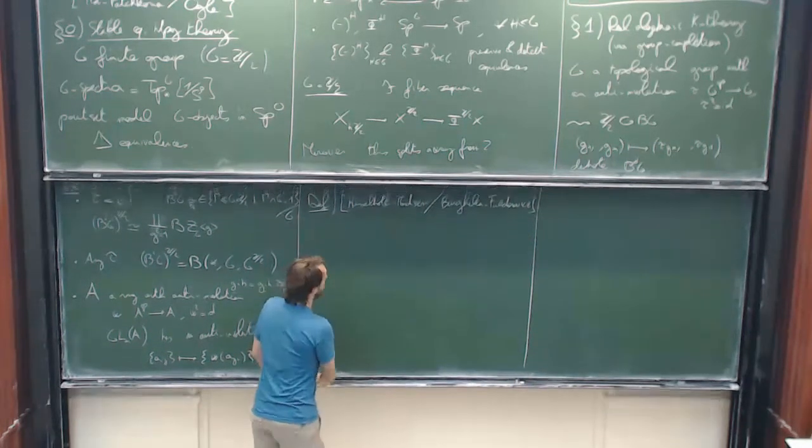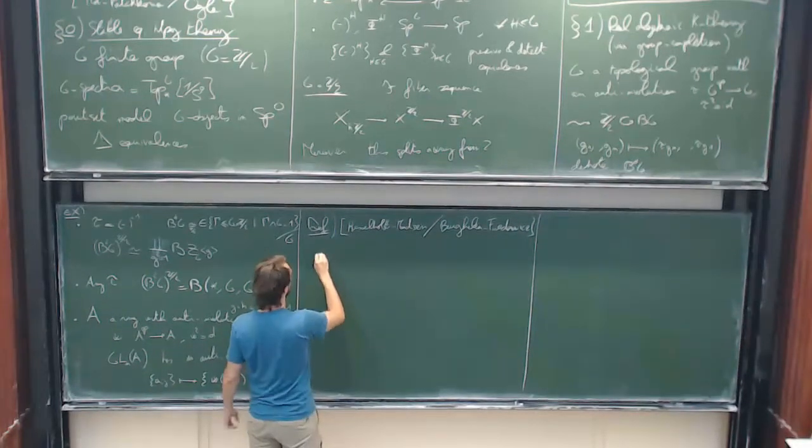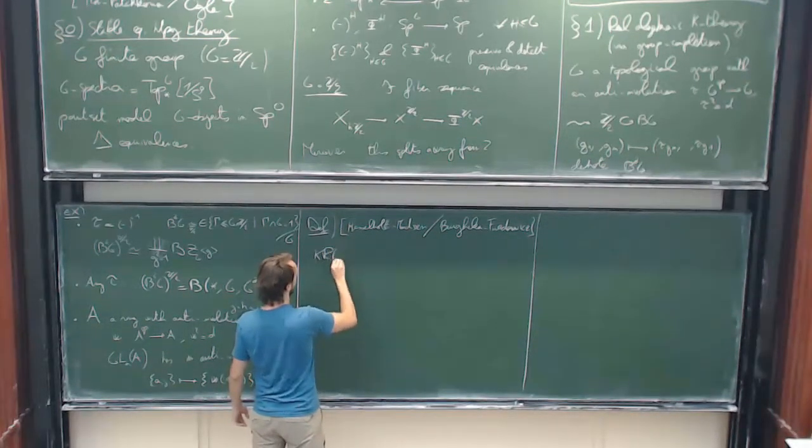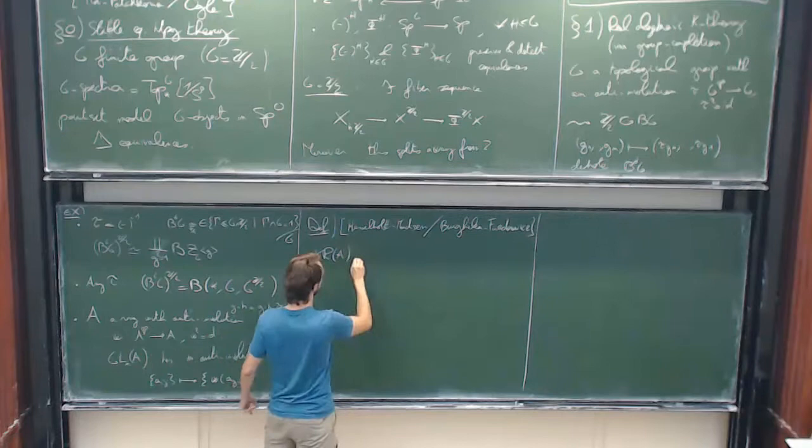And here's the definition, the real K-theory of a ring with anti-involution.